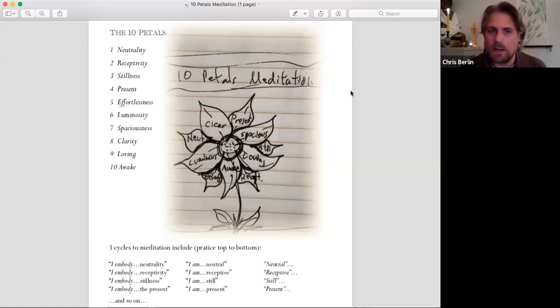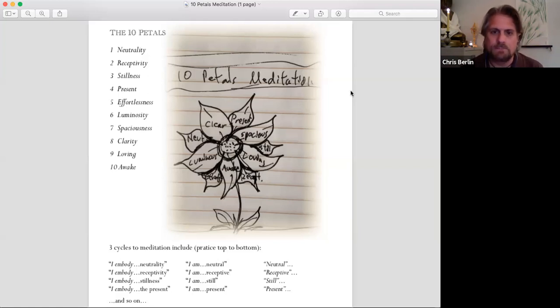The first 5 petals actually are the first foundation that arose. And these represent these qualities. So there are 10 qualities here represented by the petals. The first 5 are largely qualities of mindfulness. And the last 5 are more qualities of presence, of awareness that deepen and cultivate. And they rely on the foundation of the first 5.